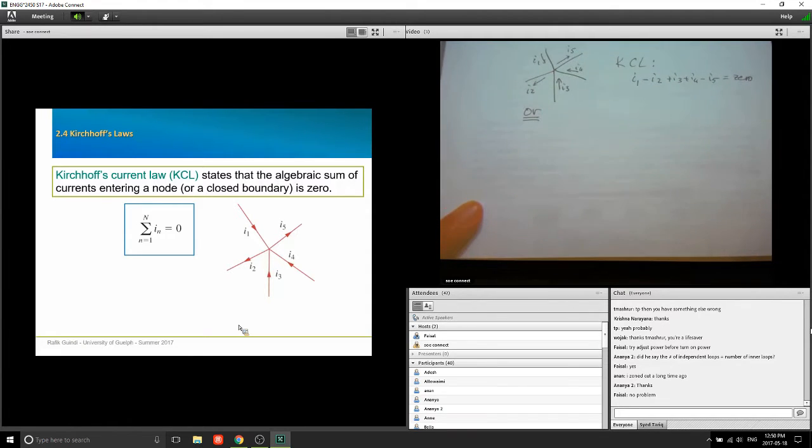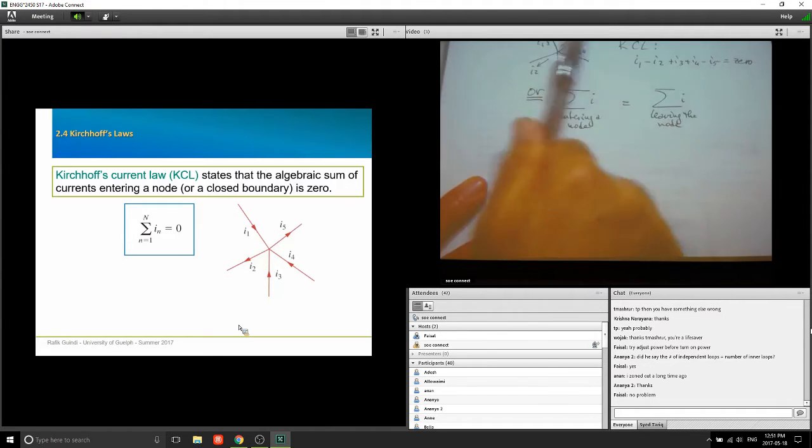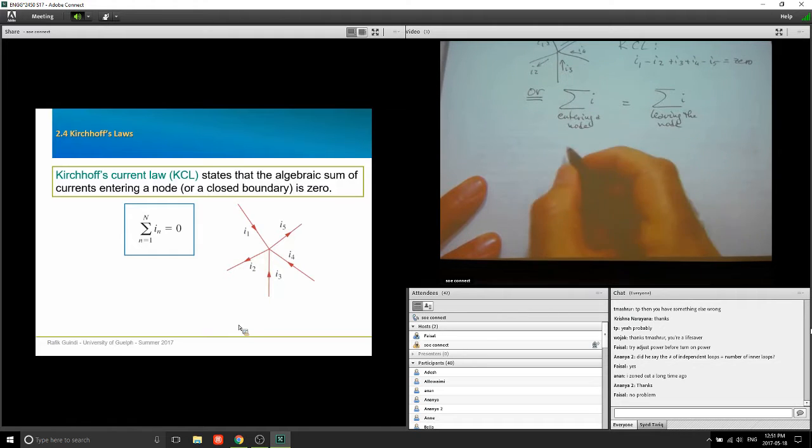Or, I like to say it in a slightly different way. I would say the sum of the currents entering a node is equal to the sum of the currents leaving the node. So let's see here. How many currents entering the node do I have? I have I1 plus I3 plus I4.